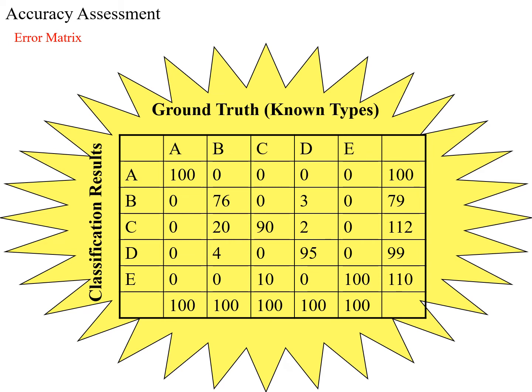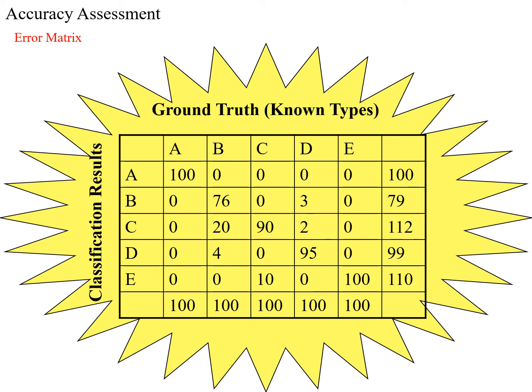For instance, we have class B, and if you go along the row for B, we see that we collected 76 observations that our remote sensing said were also class B, and then 3 that were not.